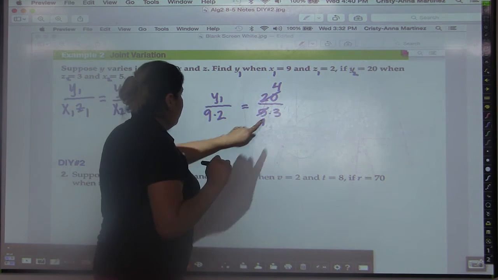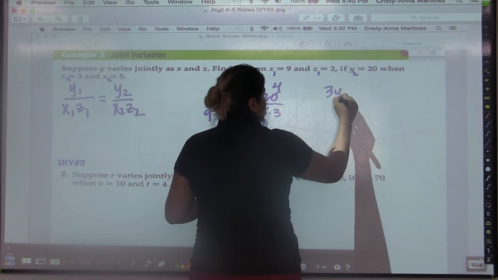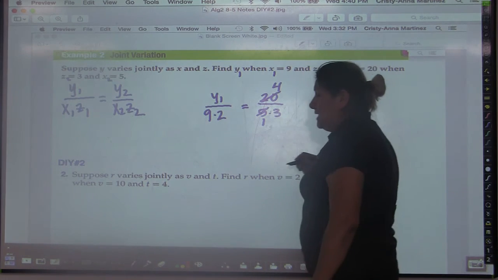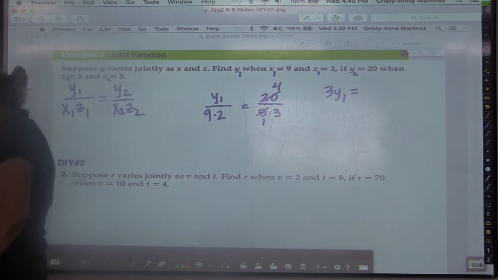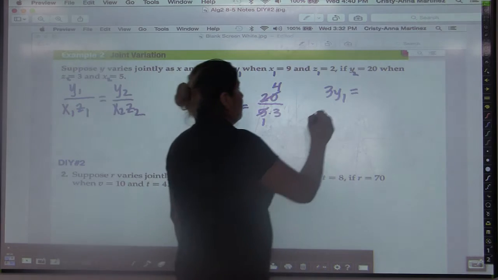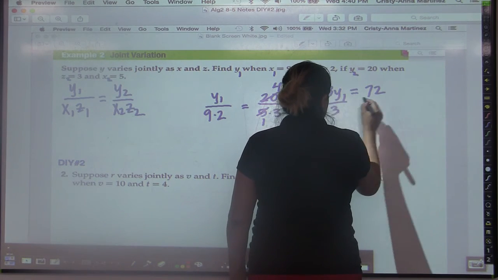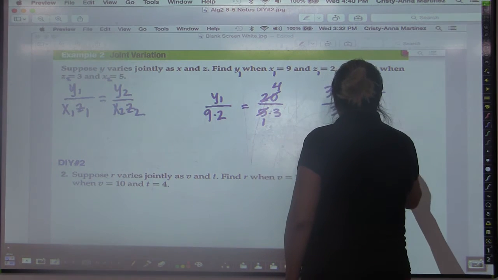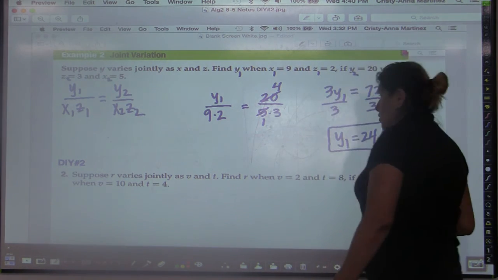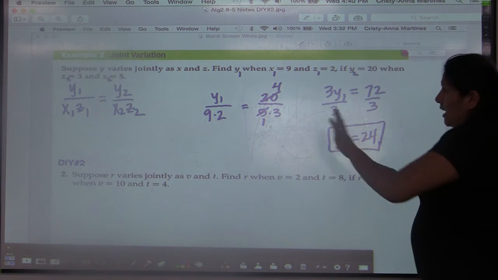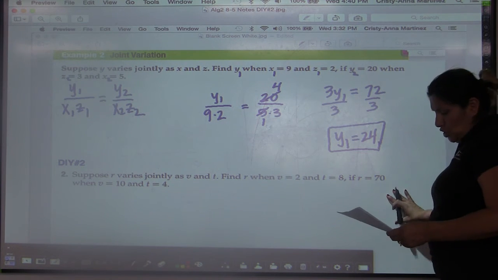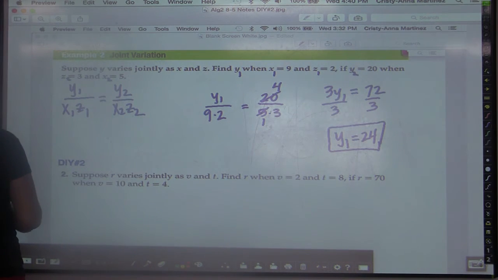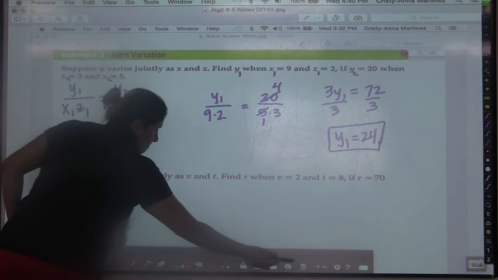So we actually have 3 times y1 equal to 9 times 2, which is 18, and then 18 times 4, which is actually 72. Divide both sides by 3, and our y1 is going to equal 24. And there you go. So again, using the same proportion, you can do it yourself number 2, and then we will go on to inverse variation.